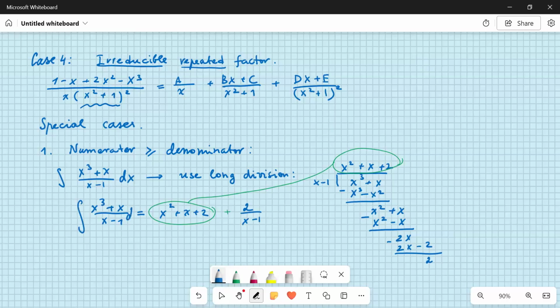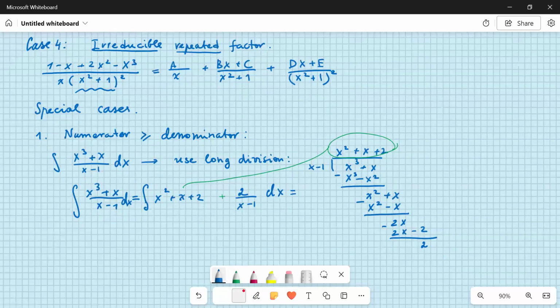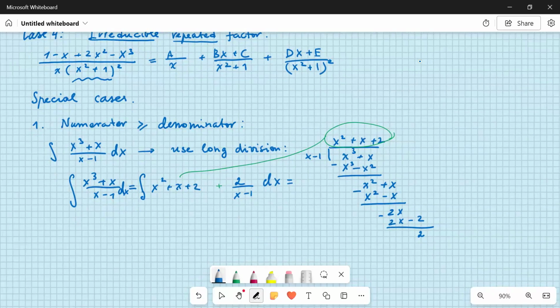And now I can put the integral sign and dx over here and integrate everything. In this case it's easy just because I have an easy problem, but usually it's not going to be that easy. You integrate x squared, it's x cubed over 3, right? x is x squared over 2. 2 is 2x, and this one is going to give me 2 ln of x minus 1, plus a constant.